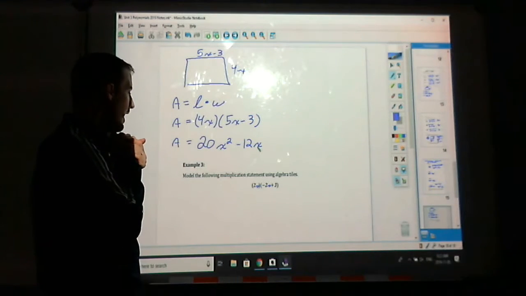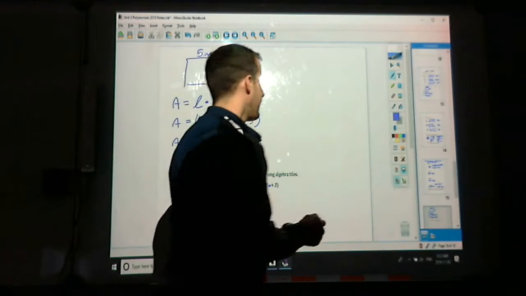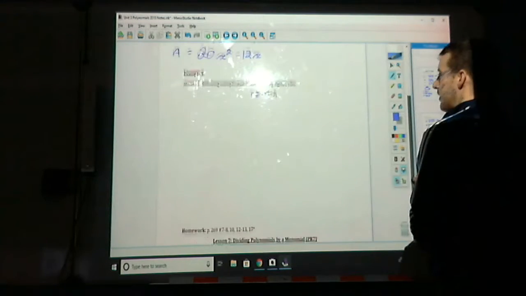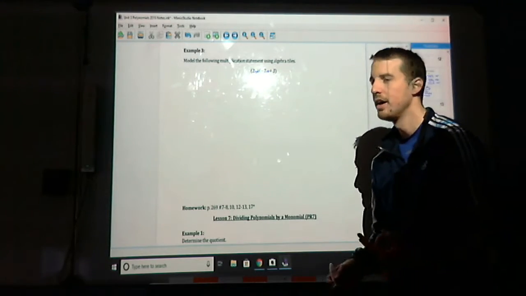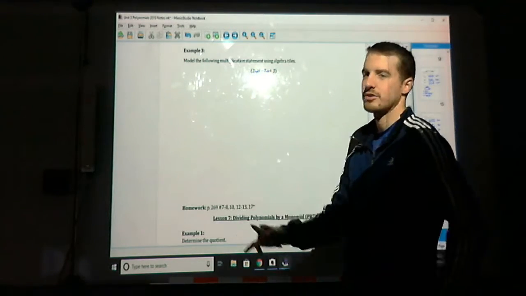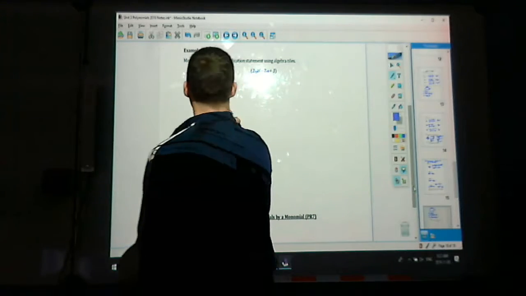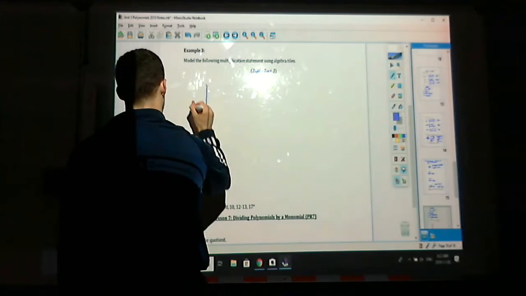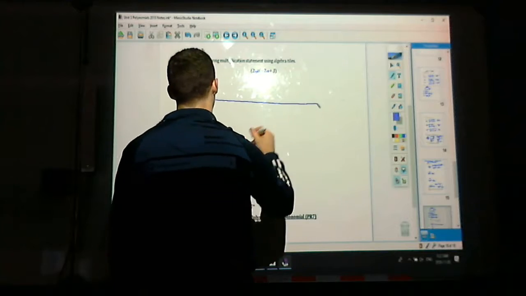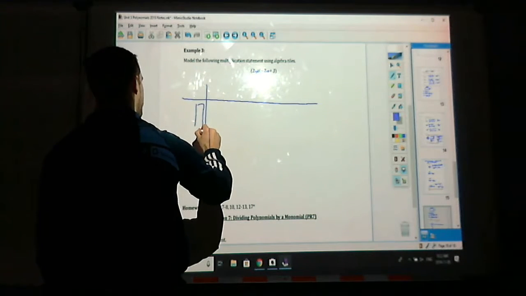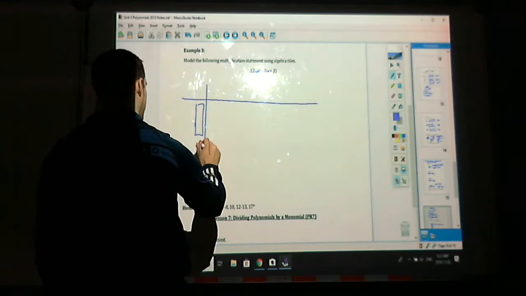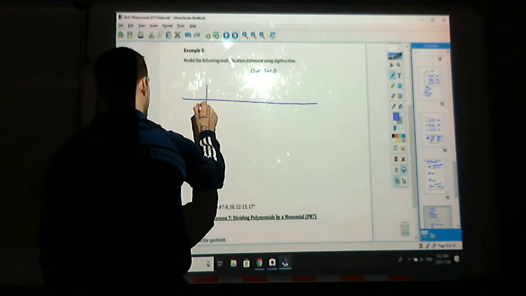Okay, so the last thing we're going to do is a little bit new, but it should follow up with some of what you've done in the past with algebra tiles. We're going to demonstrate this using algebra tiles, but because it's a multiplication, we don't just draw them out and add them up together. We have to show the multiplication. So on this side, we're going to draw our 2 x units, and they are positive, so we're going to color them in.